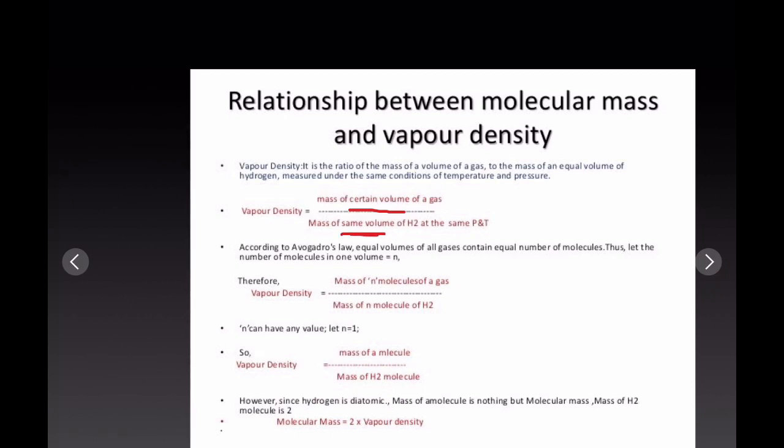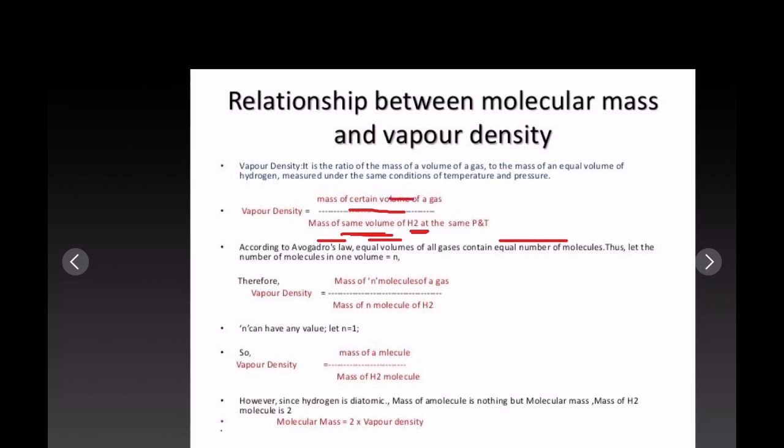In short, vapor density is equal to the mass of a certain volume of gas to the mass of the same volume of hydrogen at STP. According to Avogadro law, equal volume of gases contain equal number of molecules. So change the equation according to the law.